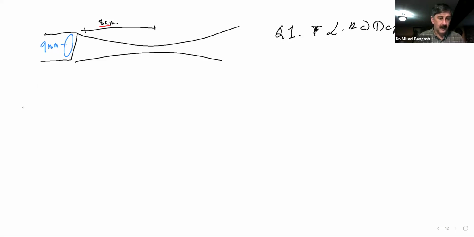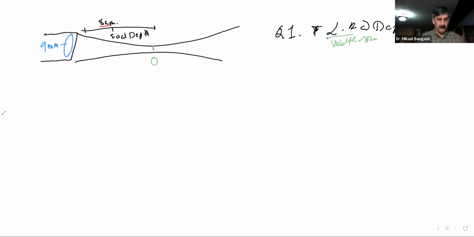Just so you're curious, this 8 centimeters is what the data tells us is the focal depth. So what do we mean by lateral resolution here? The width of the beam at the focal point, which is going to be at a depth of 8 centimeters.